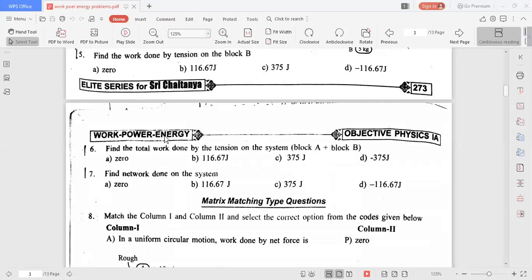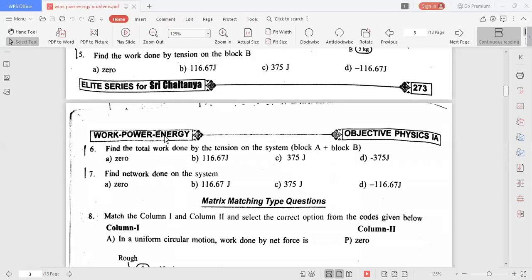Previously the work done by tension on block B is equal to 500 by 3, positive work done. Work done by tension on block A is negative work done, which is minus 500 by 3. No other blocks are there. Therefore, net work done by tension on the two blocks is equal to work done by tension on block A plus work done by tension on block B: minus 500 by 3 plus 500 by 3.